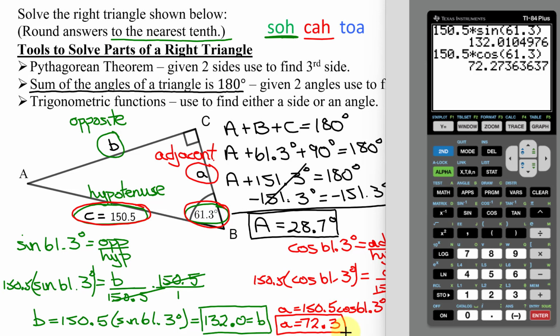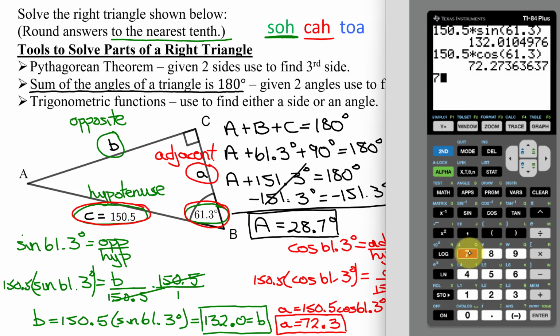So now I've solved this right triangle, but one thing you can do at the very end to check your work is you can use the Pythagorean theorem to see if you get a true statement. So I'm going to take a squared plus b squared to see if it equals c squared.